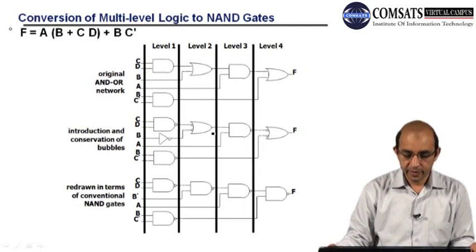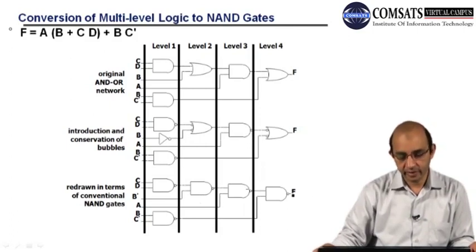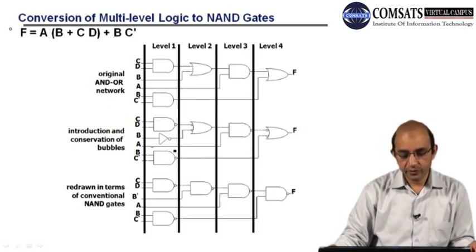So here you can replace this with NAND, and this is also NAND. So this output F and this output F have the same effect, right? But remember that we have to handle those inverters externally, so there is a change.